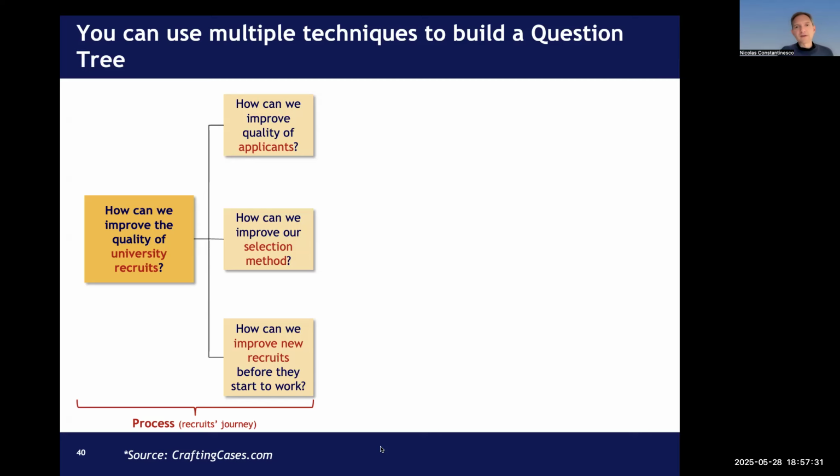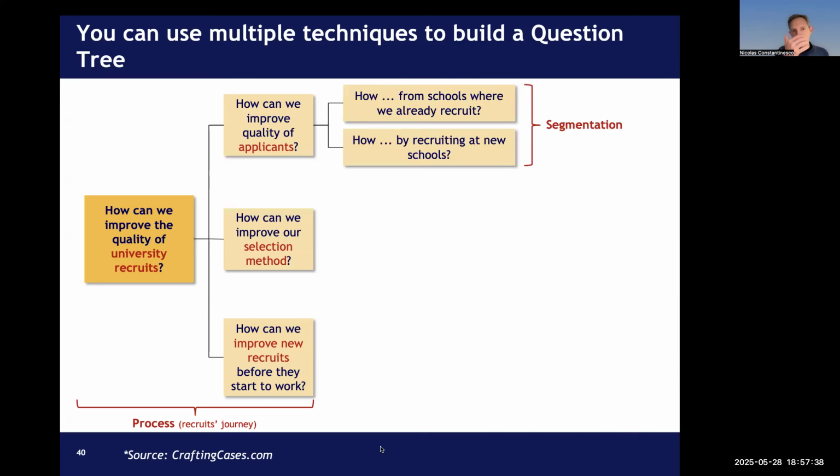If I focus on applicants, I could use segmentation. There's a million ways I could segment them, but here's one. How could we improve the quality of applicants from schools where we already recruit and by recruiting at new schools? Now, the selection method, I'm going to use the components of the method. So a typical selection method consists of what? A process that the candidate goes through.